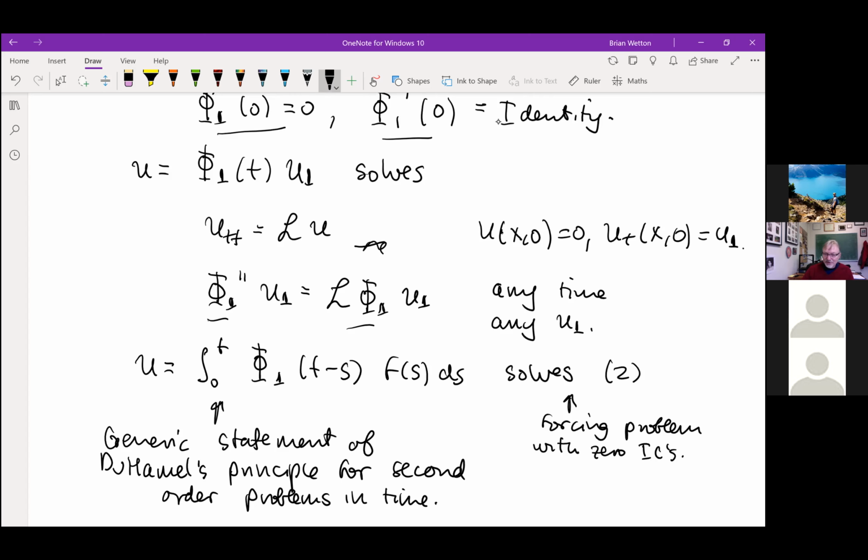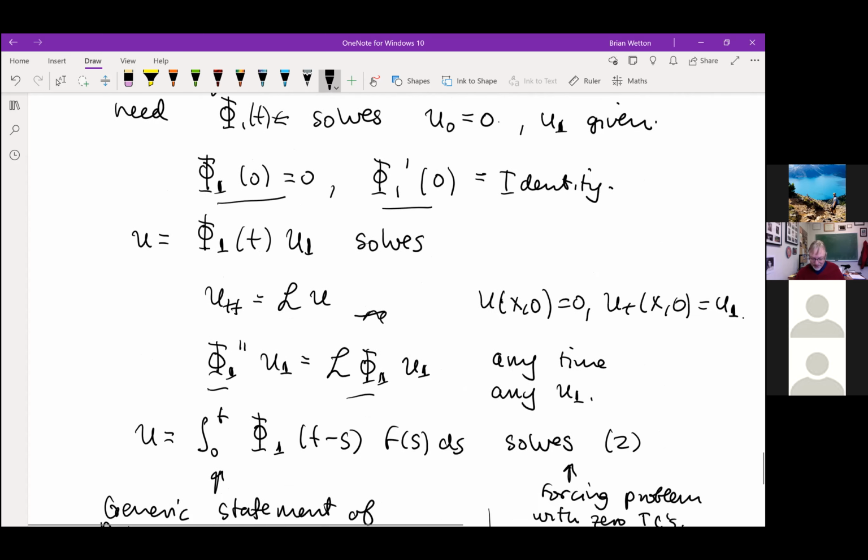Now this is pretty abstract, and there's the abstract argument that comes up to show that this works, similar to the one I just reminded you of for the first order case. And then we use the abstract Duhamel's principle to solve the forced problem for the wave equation.